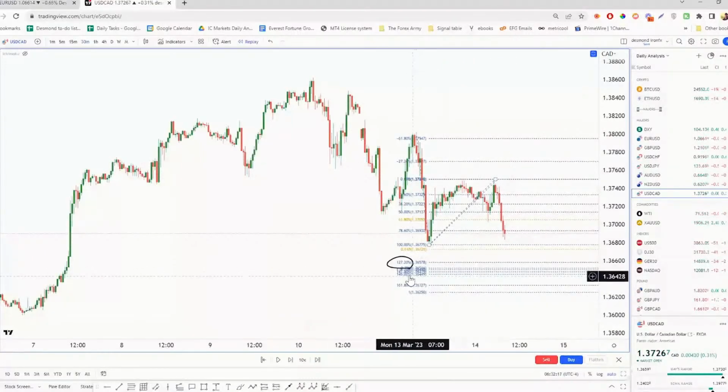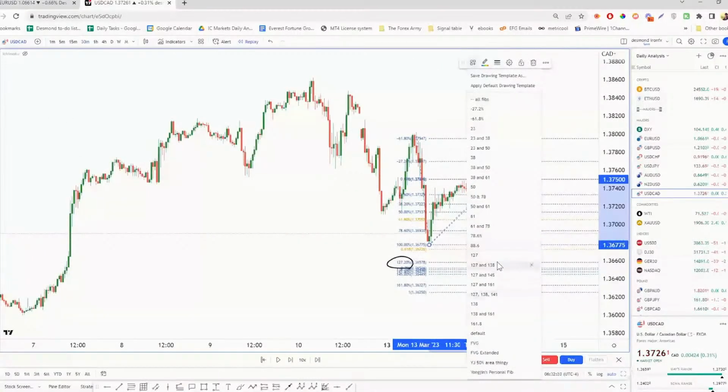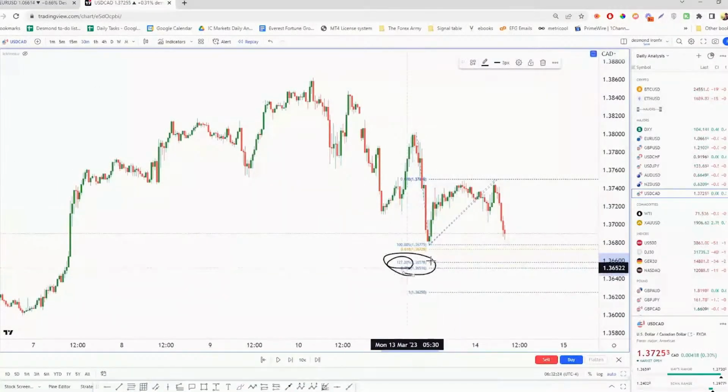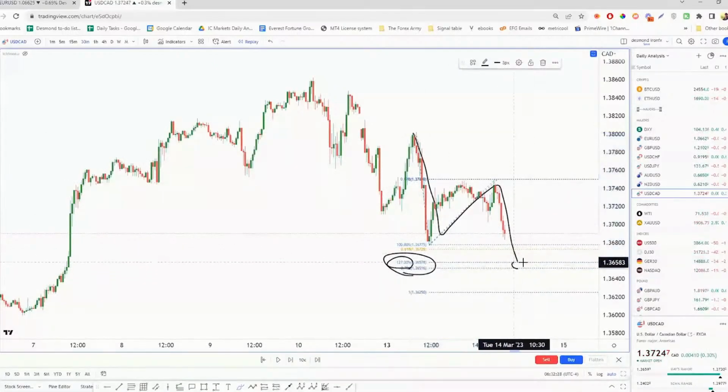What we then notice, I'm just going to remove everything and leave the 127 over there, is that there is a 127 and there's a 78.6 Fibonacci projection. So it's all lining up in this area over here. That means my pending order will be in this region.